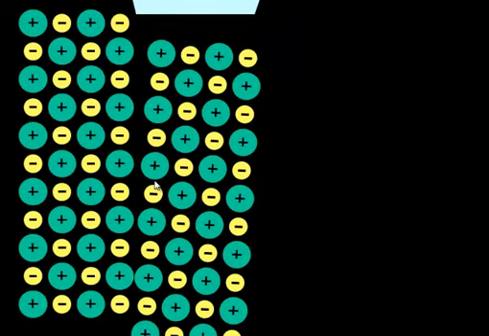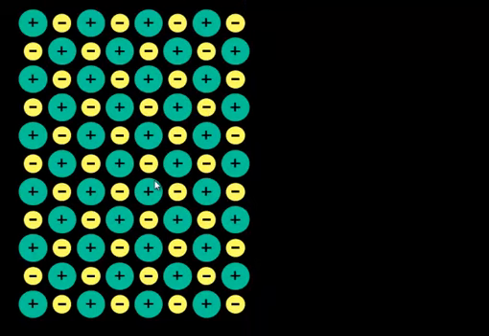Let's do a replay. When you have a very strong ionic compound crystal, with this perfect arrangement of plus and minus, the strong electrostatic interaction between the plus and minus holds it up very well. It is very hard to move them.